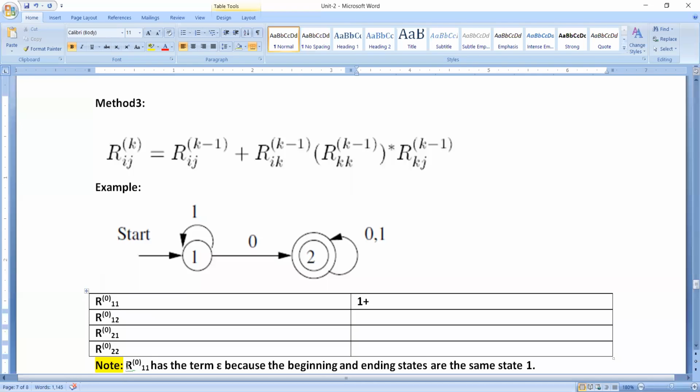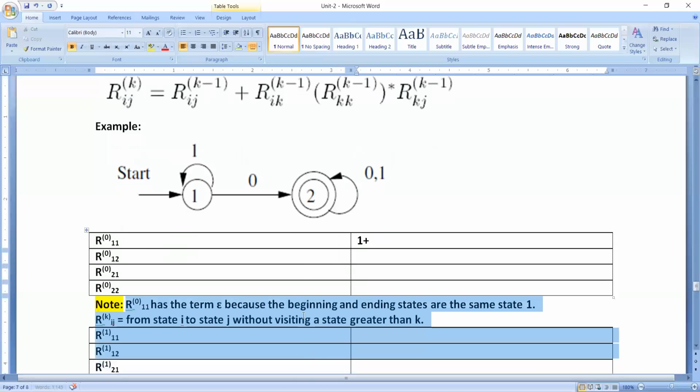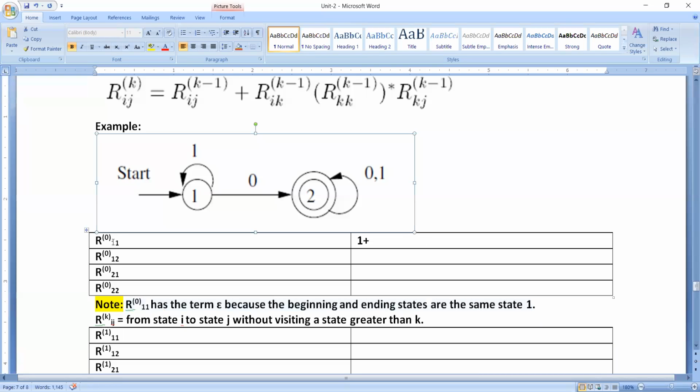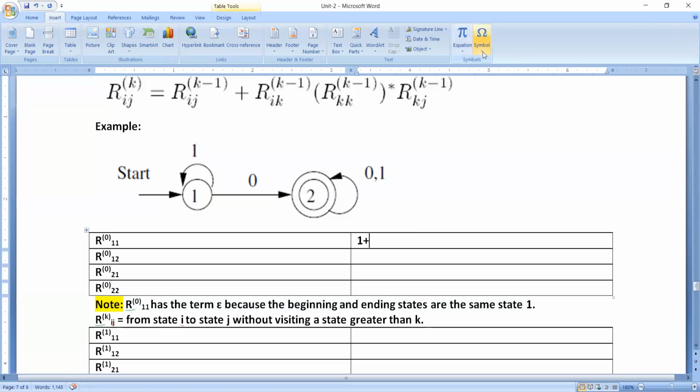Now please have a look at this note over here. I have written a note over here. What this note says is that this R power 0 subscript 1 1 has the term epsilon, because the beginning state, that is the source state, and the end state are both the same, hence we are going to include epsilon also.